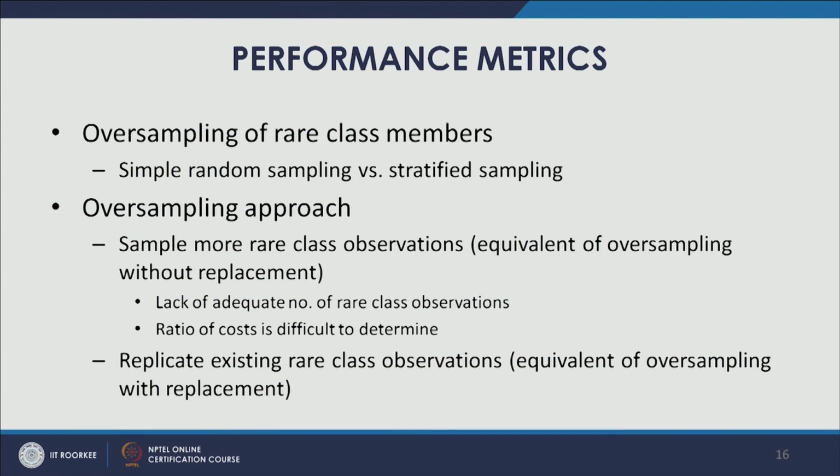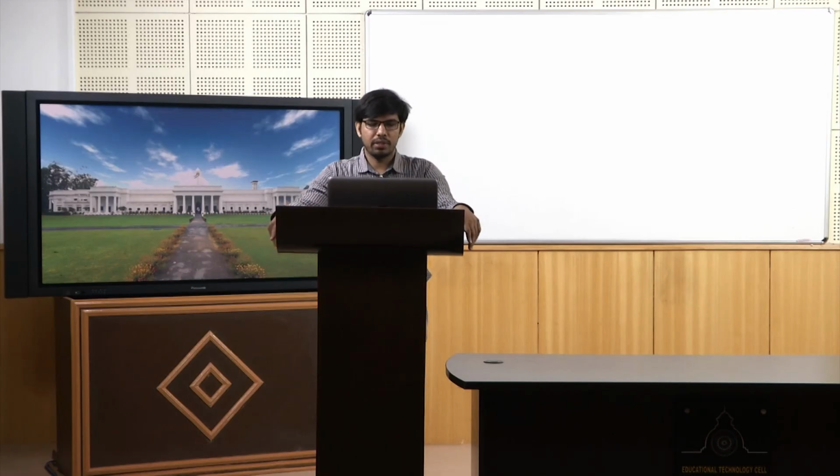One way could be to sample more rare class observations. This is equivalent to oversampling without replacement. From the data set that we have, we can sample more of the class 1 members, the class of interest. This is the more desirable approach, but there could be some practical problems that we might have to encounter. For example, lack of adequate number of rare class observations.